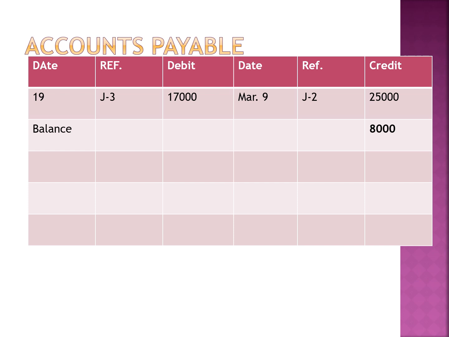Since accounts payable is debited on that entry, we place that 17,000 on the debit side. The reference is journal page 3. So 25,000 minus 17,000 gives 8,000, and since the credit side is higher, we place the balance on the credit side. Then you write a double rule, which means two dashes, equals, equals, equals.